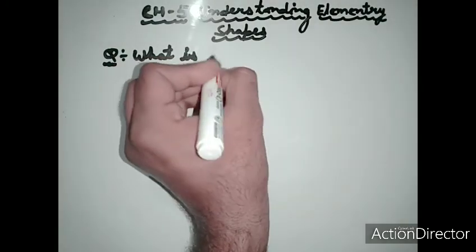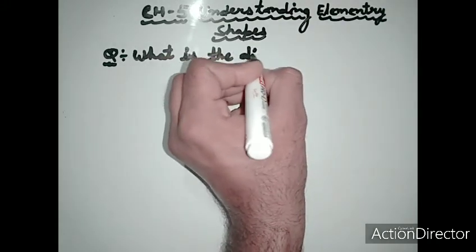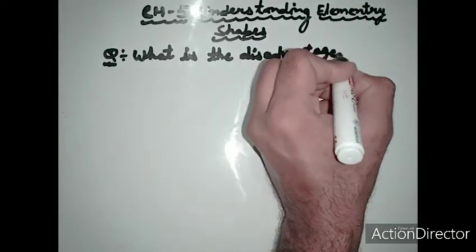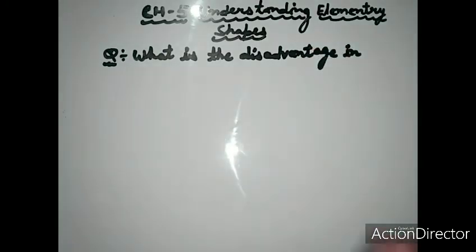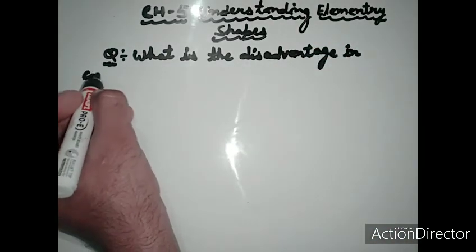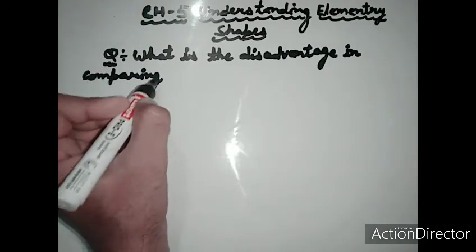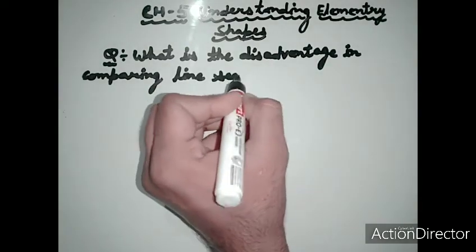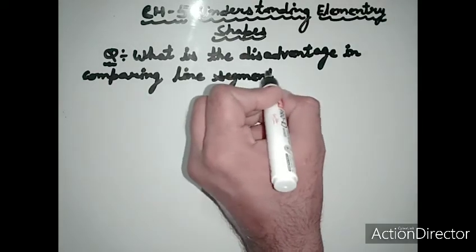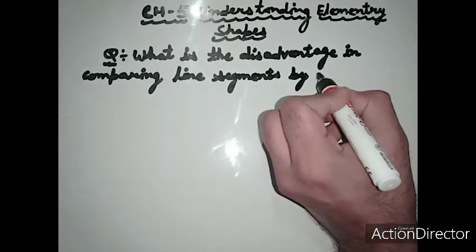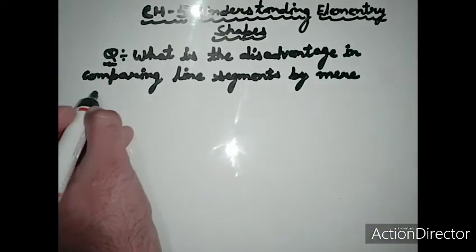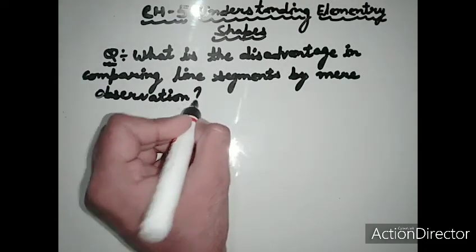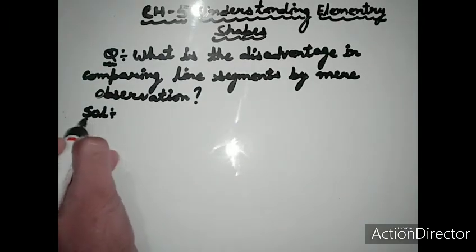what is the disadvantage in comparing line segments by mere observation, right?